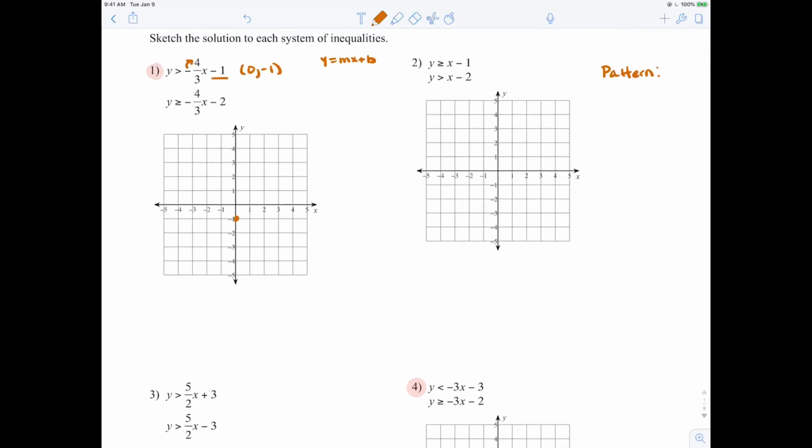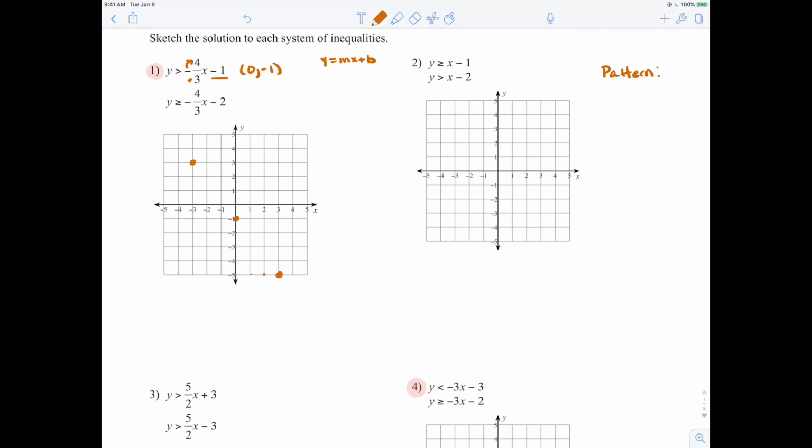I always put the negative up top, and that makes the bottom stay positive. And so we would go down 4 units, 1, 2, 3, 4, and over 3 units in the positive direction. Make a point right there, and then we would go in the opposite direction to make a point here.